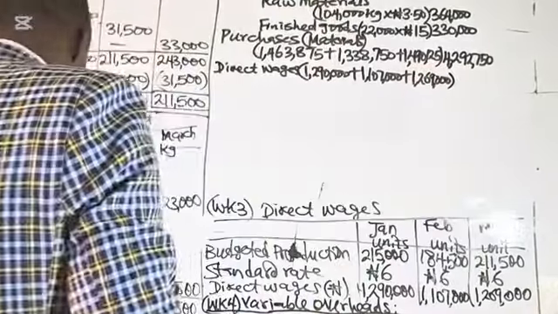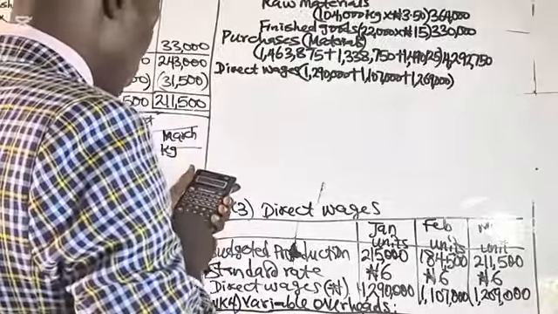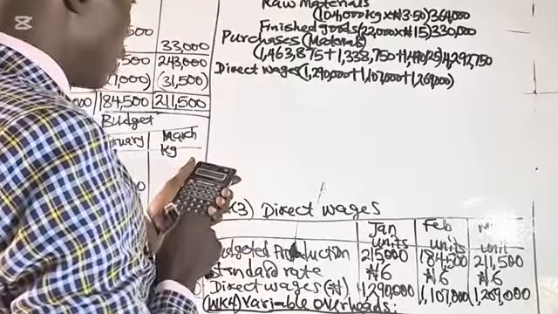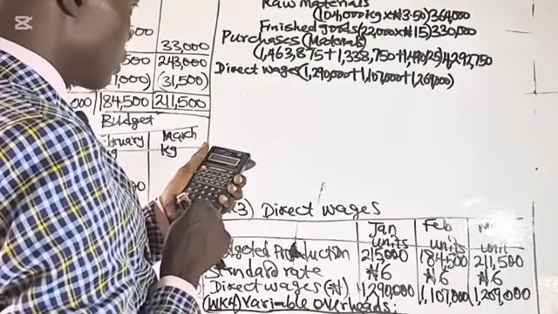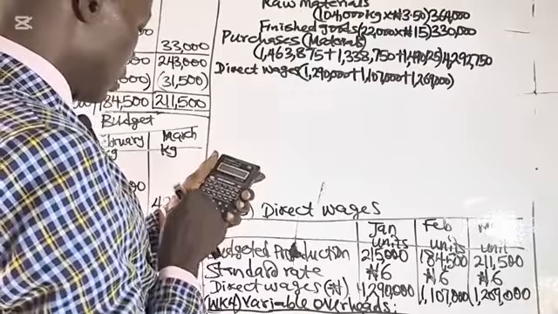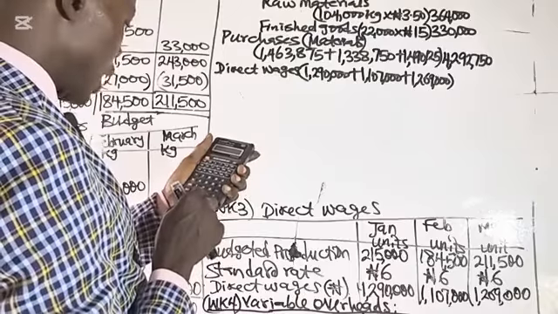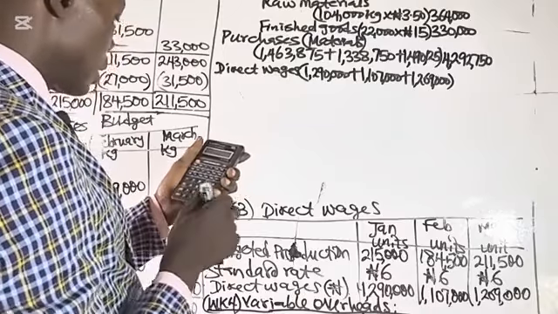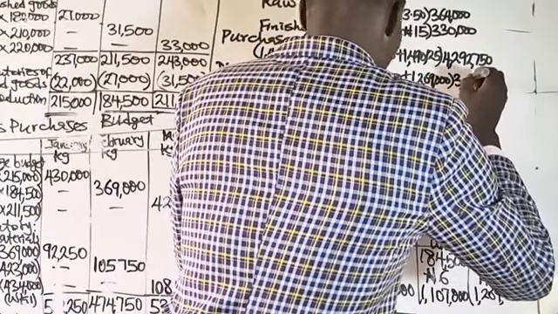So we sum them up. 1,290,000 plus 1,107,000 plus 1,269,000. So that is totaled 3,666,000.